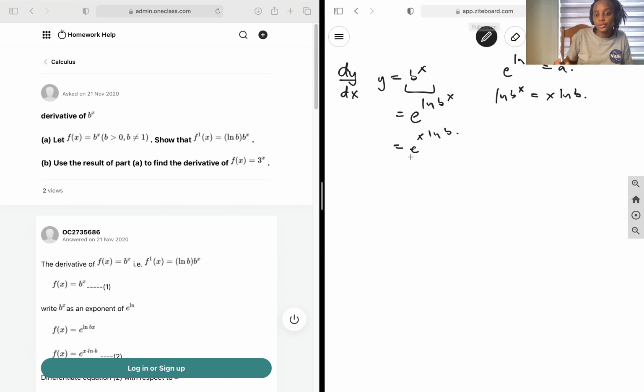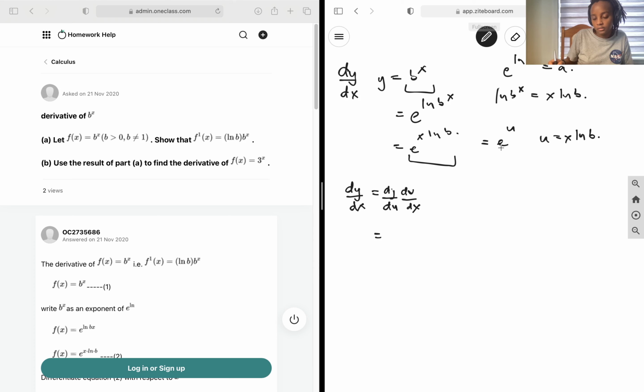And next we're actually going to use the chain rule in order to find this. So we're going to write this as e to the u, and of course u is equal to x ln b. And so dy over dx is equal to dy over du times du over dx.